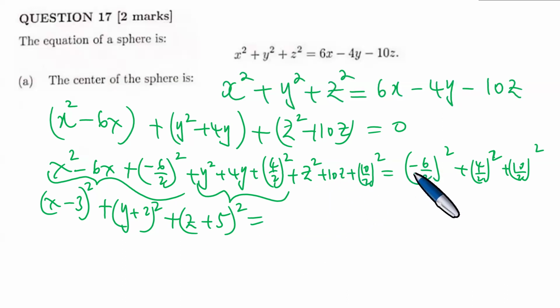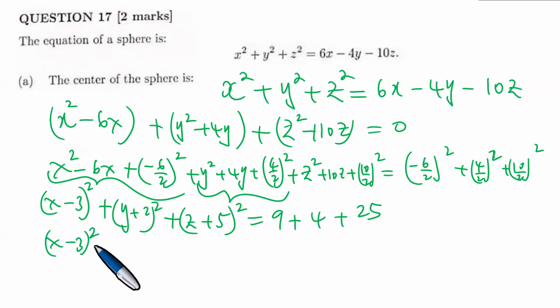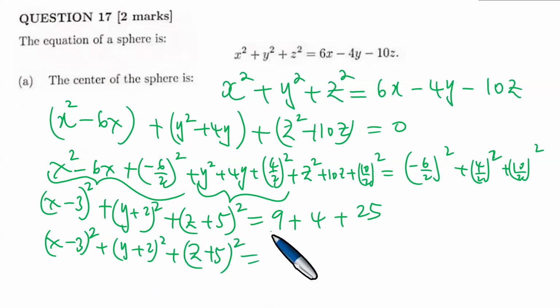Here you have minus 6 divided by 2 becoming 3, and you have 9, 4, 25. So you have y plus 2 squared. So you have 9 plus 4, 13. 13 plus 25. What is it exactly? It is exactly 38.